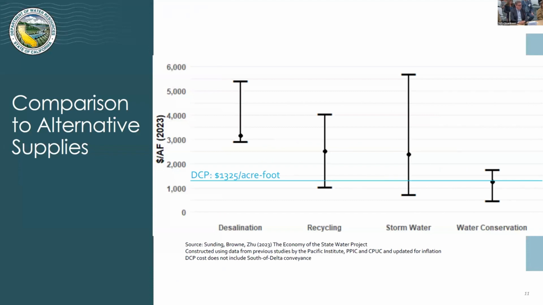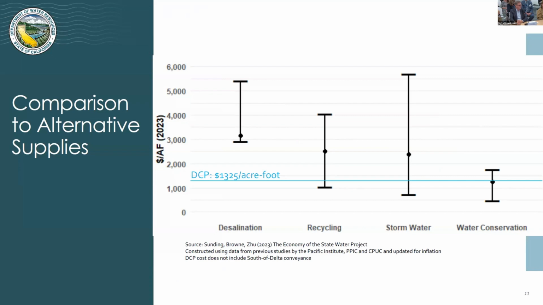So with respect to alternative water supplies, a question that we sometimes get is, okay, you're telling me that there's a level of future demand and the DCP might reduce available supply, or the climate change might reduce available supply. So that creates a future gap between supply and demand that you're putting a value to.